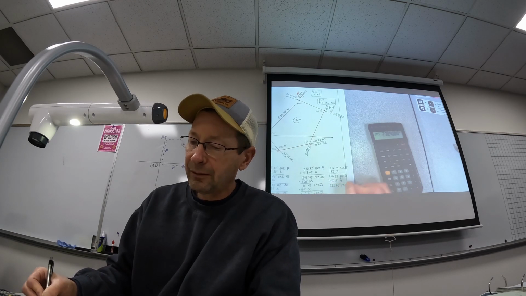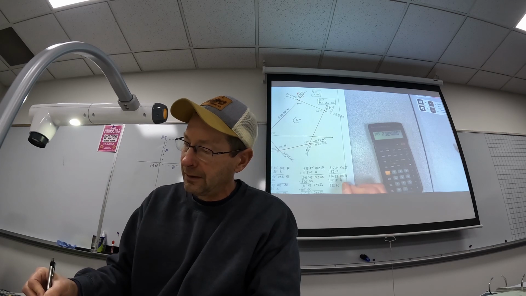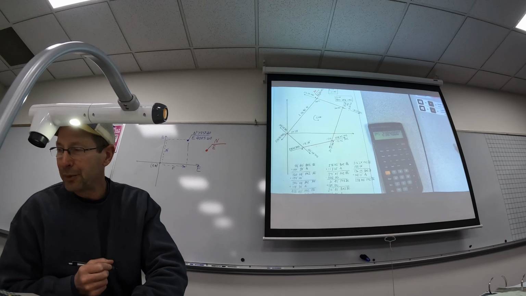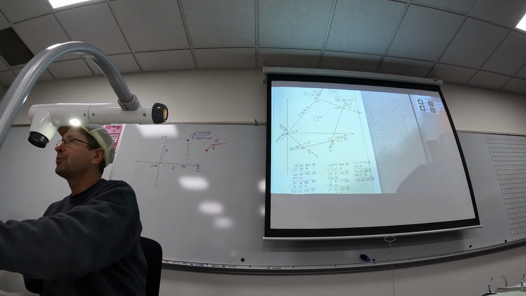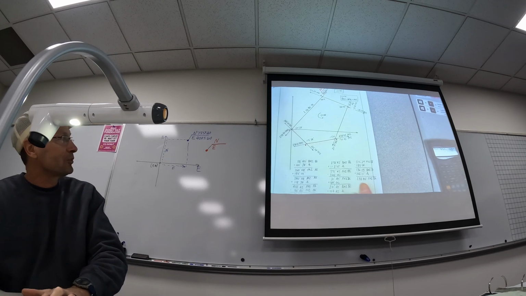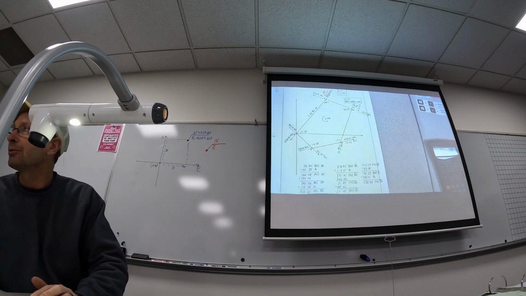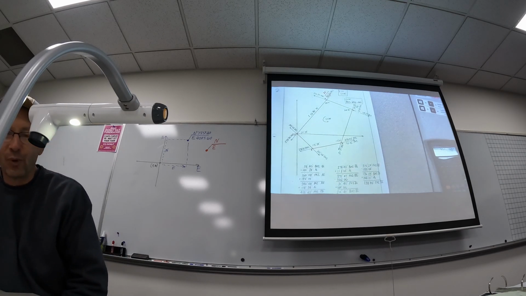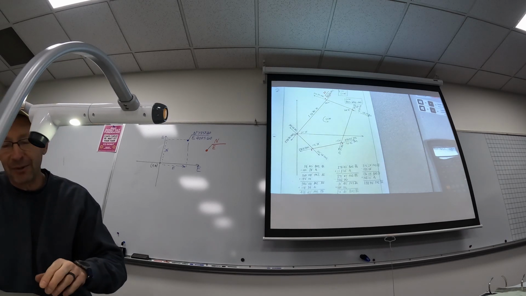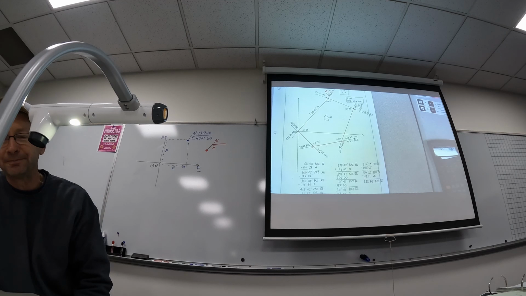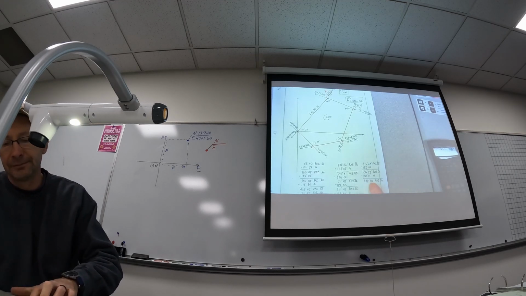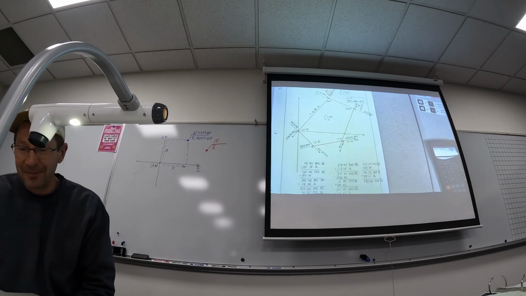Forward azimuth of B to A. I'll admit it, I'm doing the math here and I'm thinking, oh, I hope this works out. But it is. This is another one of those problems where you can check yourself. You know if you got 0 points or 100 points on the quiz, because it'll have to balance and close. You know you got it right. That last one was basically your check.